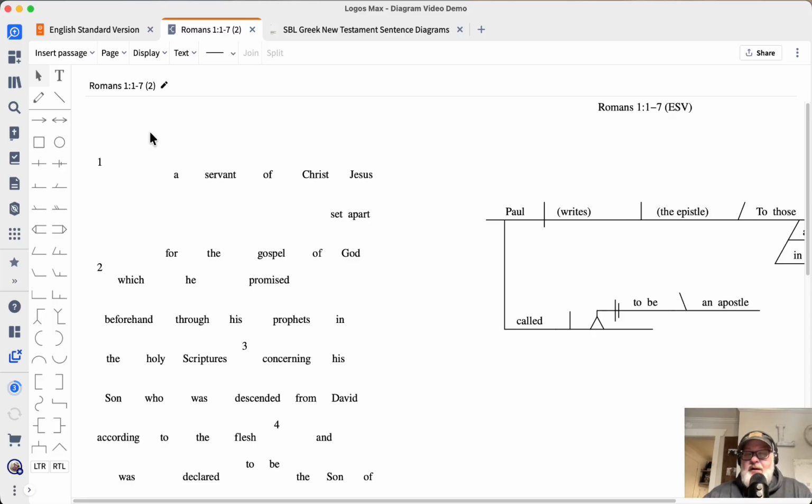So what did I do? The very first thing I did was type in set apart in the Merriam-Webster Dictionary. And it came up, but it came up as just an adjective. And I'm thinking to myself, well, can set apart be a participle? Well, Merriam-Webster didn't tell me whether it could be a participle or not.